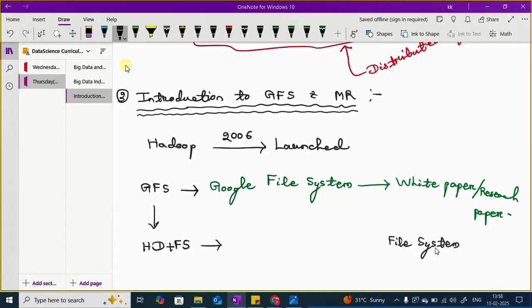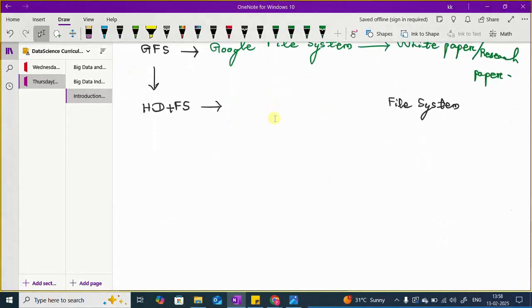Let me scroll it up a little bit. And HD stands for Hadoop. Hadoop distributed file system. But it was not launched before.